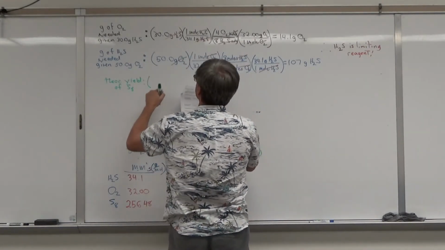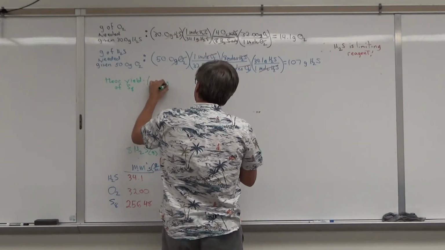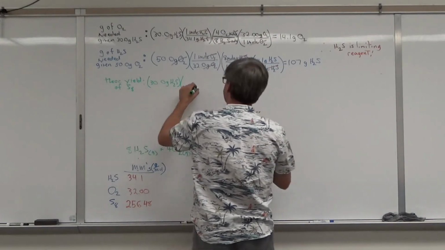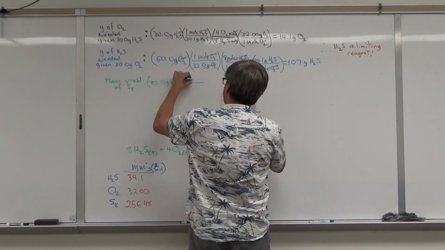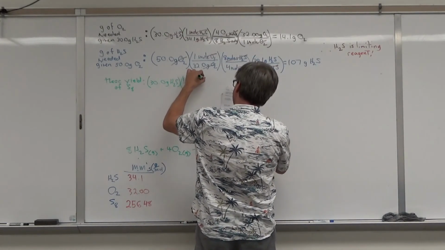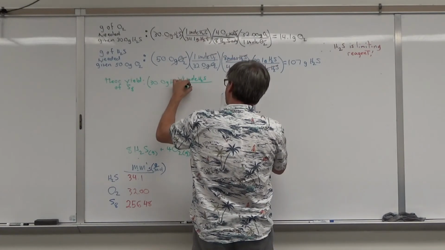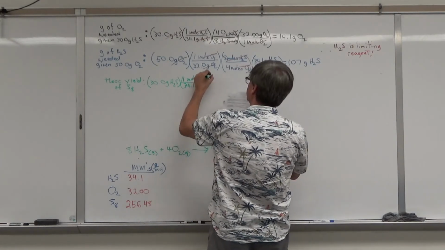So start with the discrete amount. We have 30 grams of hydrogen sulfide. Let's convert that to moles of hydrogen sulfide. 1 mole of hydrogen sulfide is 34.1 grams of hydrogen sulfide.